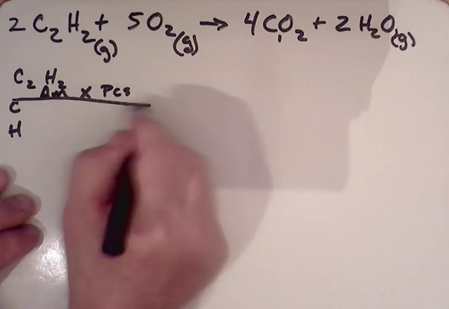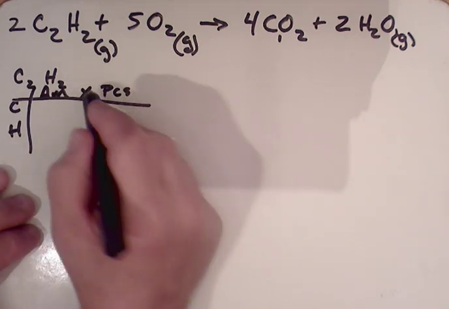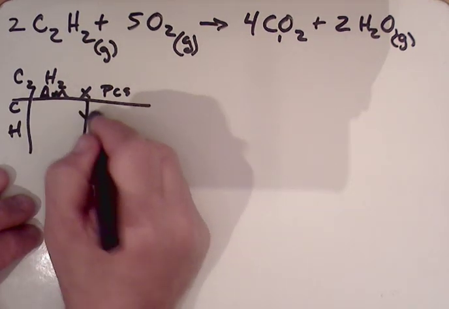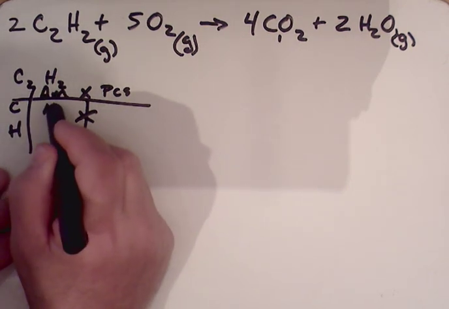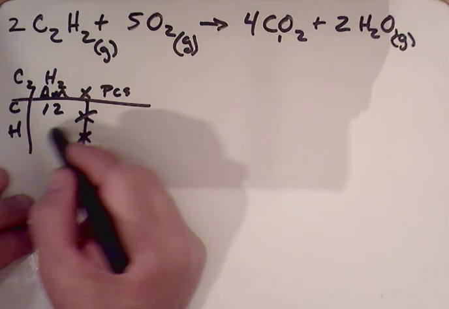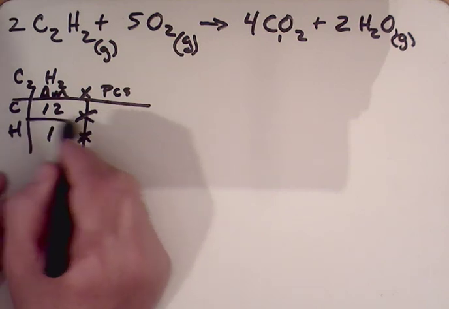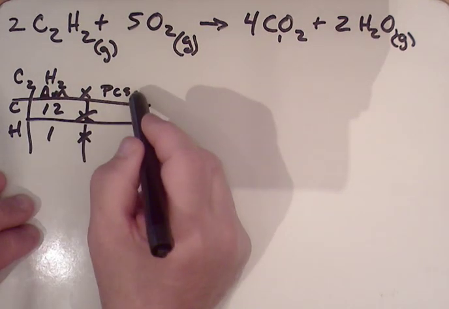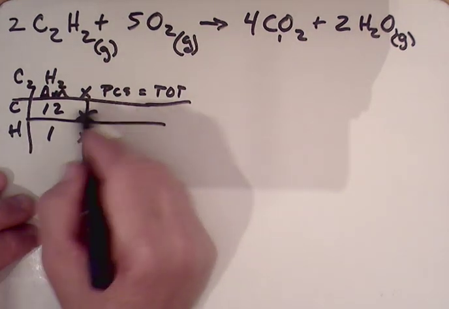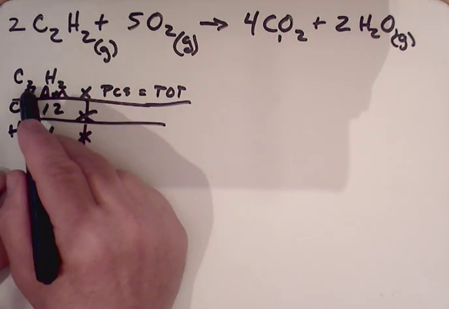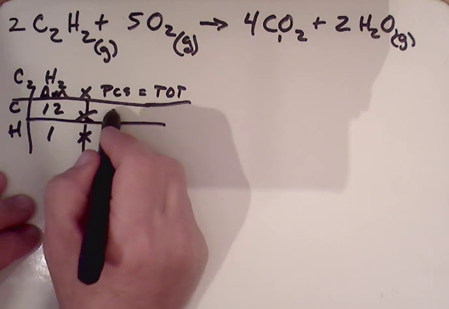And again, we set up a grid, and so our atomic mass of carbon is 12. Our atomic mass of hydrogen is 1. We have the 2 pieces of carbon.